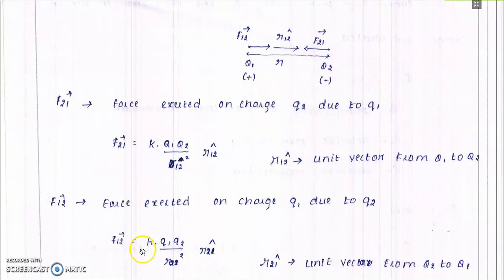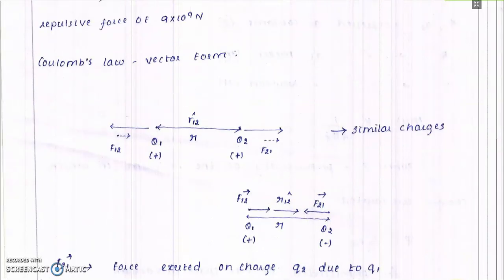So F12 is equal to K into Q1 Q2 divided by r21 square into r21 cap, where r21 cap is the unit vector from Q2 to Q1. One force is moving in this direction, another force is moving in this direction, so this is represented with the help of the unit vector r12 cap or r21 cap.